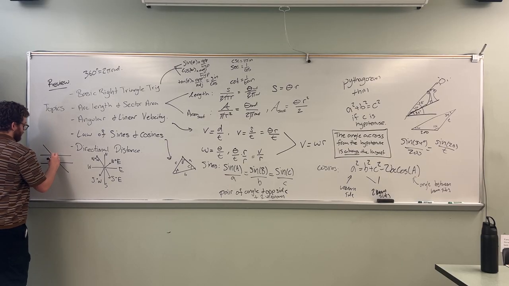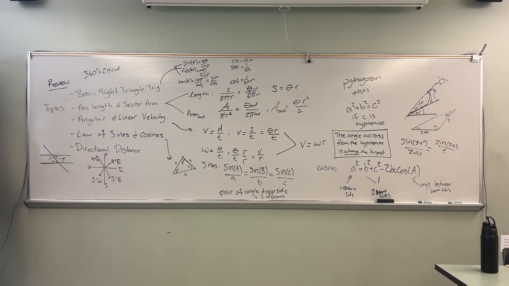So these acute angles are equal, I'll call them theta. And then these obtuse angles are equal, I'll call them phi. That's really important for when we're doing directional distance problems and we need to figure out the angles that are subtended when we're not told what they are.